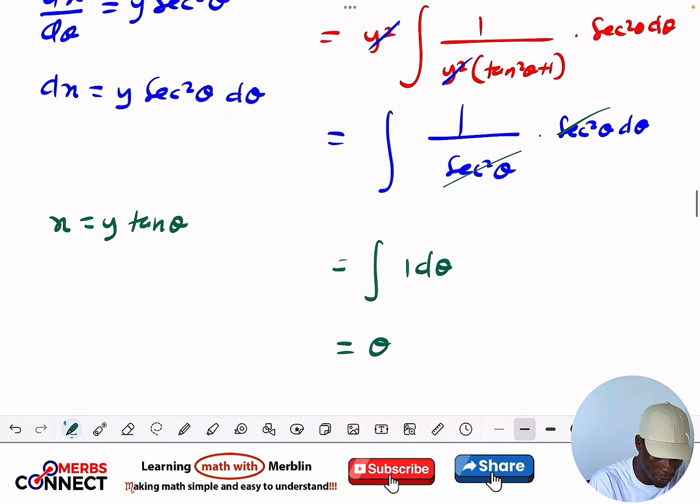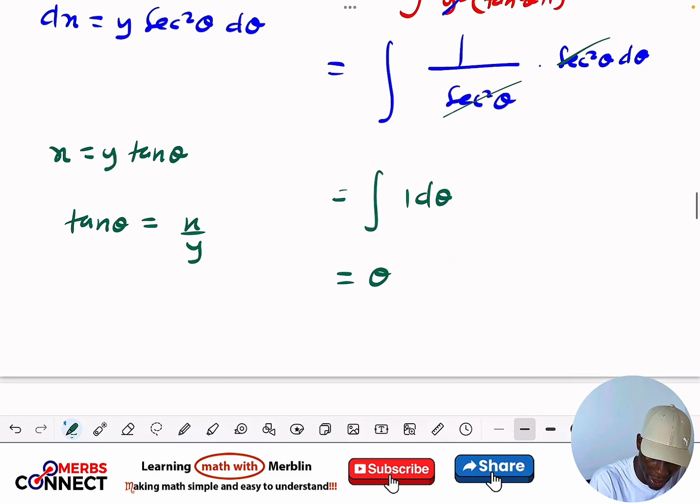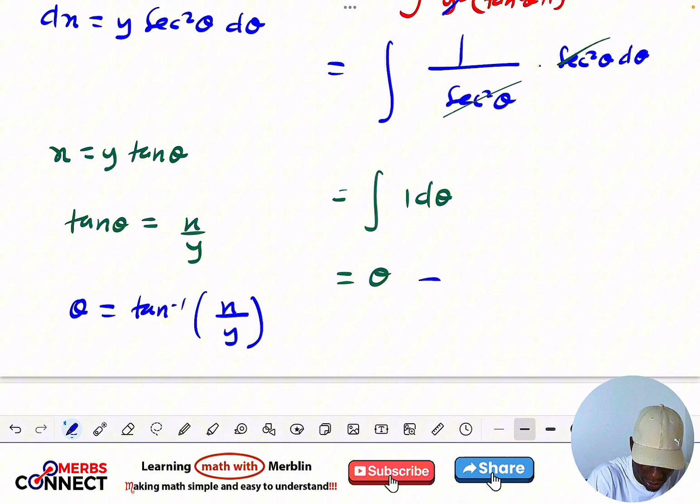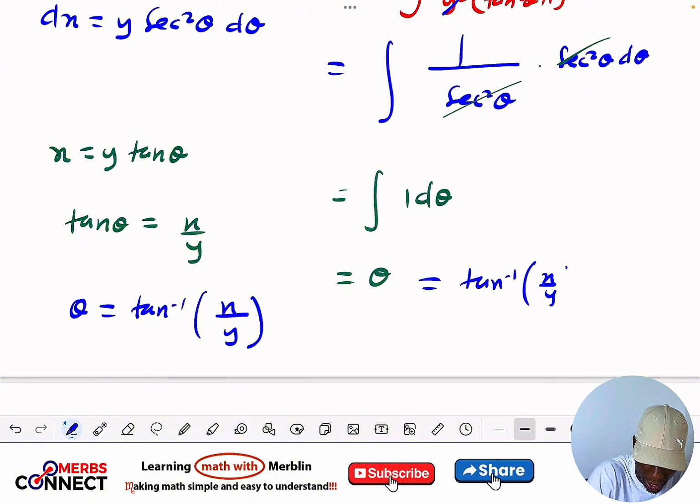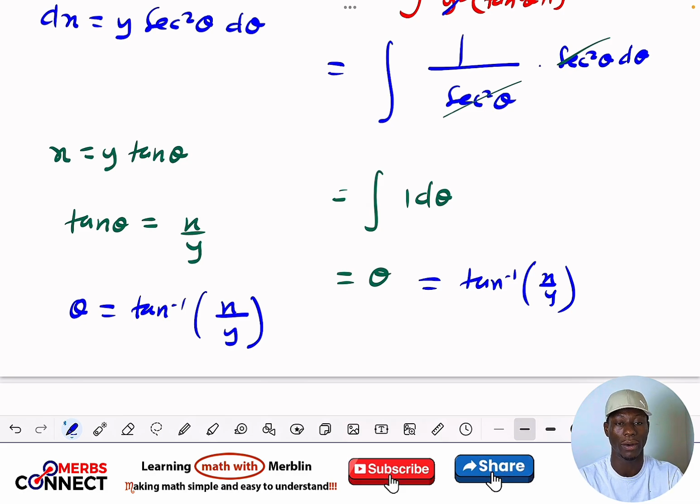Divide through by y, and we are going to have tan theta is equal to x divided by y. Make theta the subject by taking tan inverse, and we are going to have tan inverse of x divided by y. So this is equal to tan inverse of x over y. So that's the reason why I was telling you that this is going to give us tan inverse.